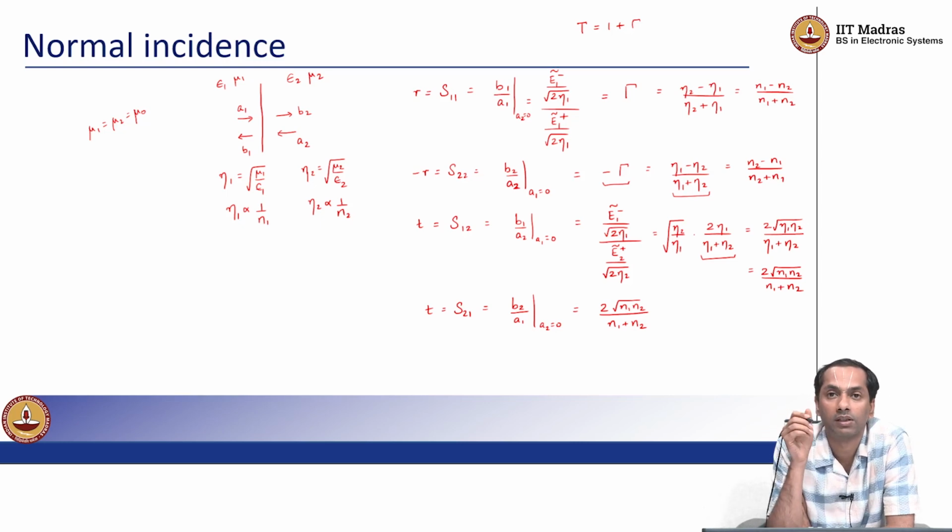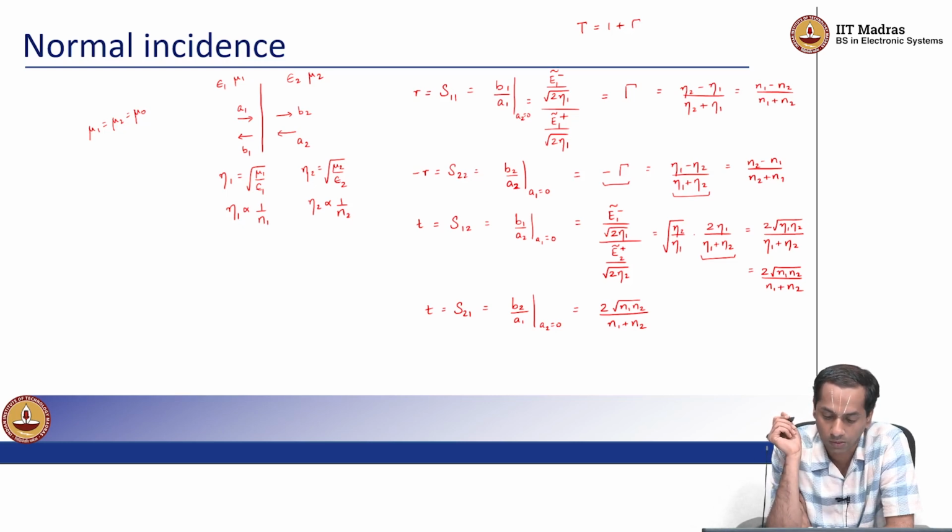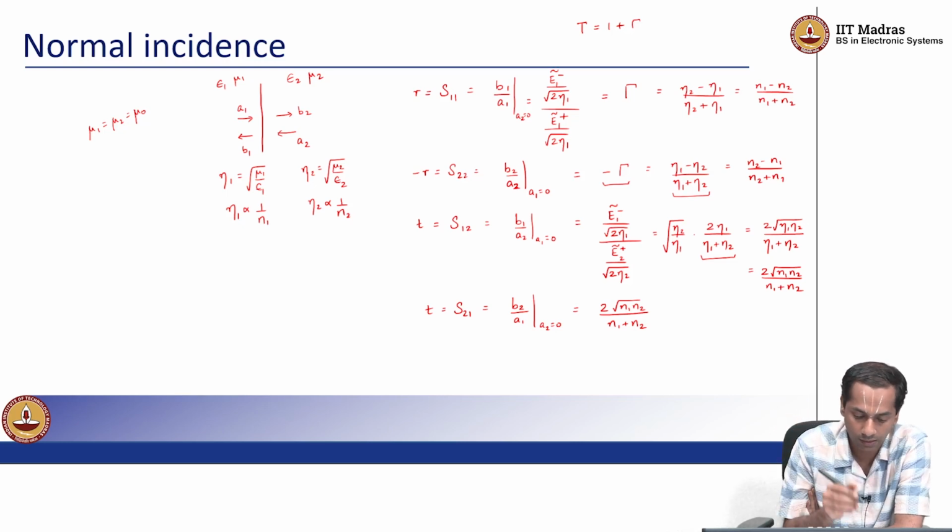Okay, so this is certainly a lossless two port, right? So we can actually use the power conservation here on the lowercase r and t. So what will that say?